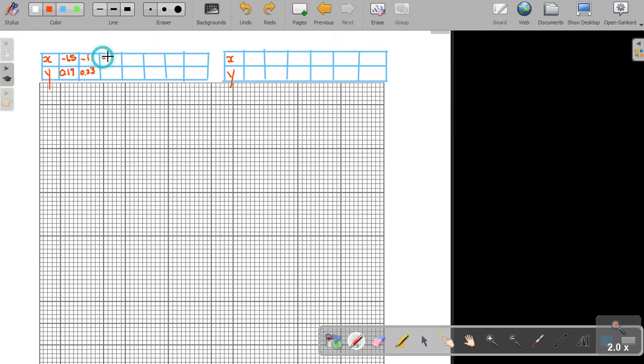And this was negative 0.5 and 0.58. And this was 0 and 1. And this was 0.5 and 1.73. And this was 1 and 3, and it was 1.5 and 5.20.